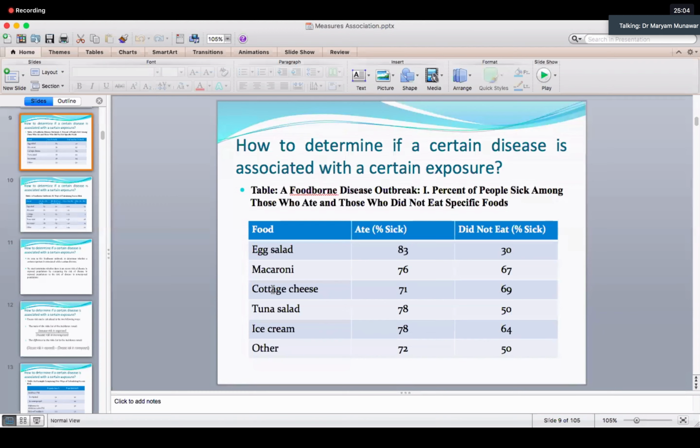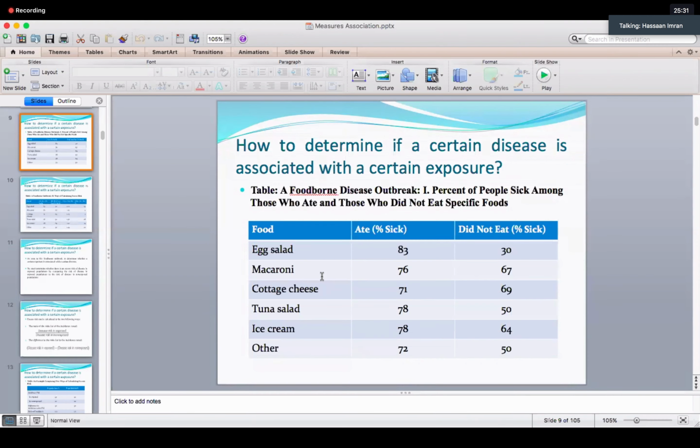What happened is that all those who ate egg salad and got sick were 83%. And those who did not eat egg salad but were still sick were 30%, sick without eating the egg salad.